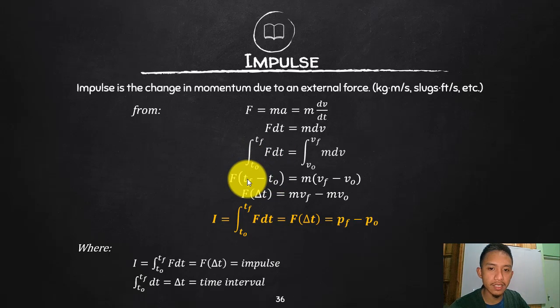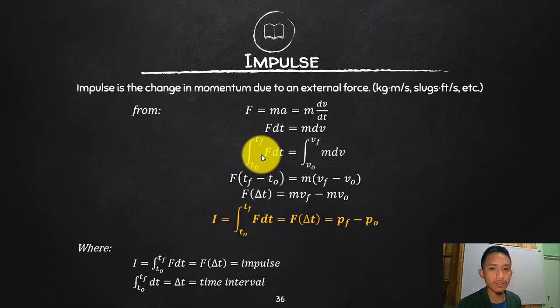So that is just tf minus t0, or the change in time, which is your time interval, if your force is constant all throughout the application and does not change. But there are cases wherein you apply the force initially and at some time it changes.